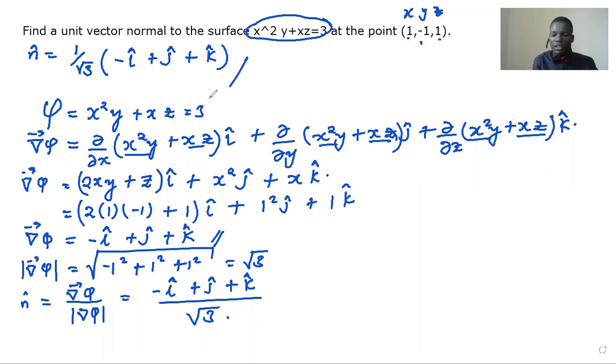If you want, you can distribute the 1/√3 throughout, and you're going to have the unit vector like that. This is how we find the unit vector.